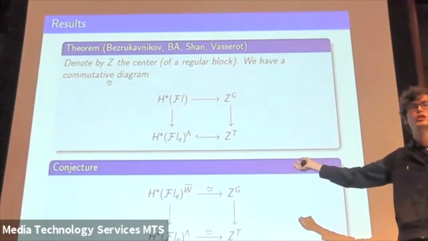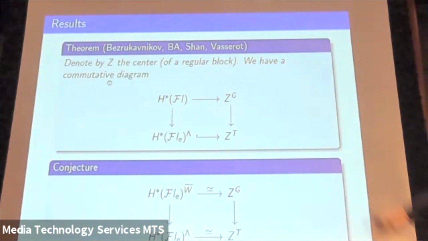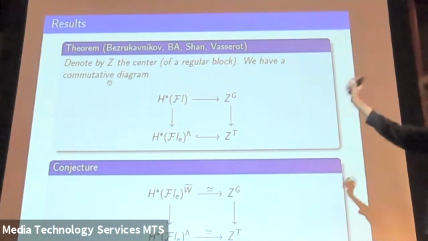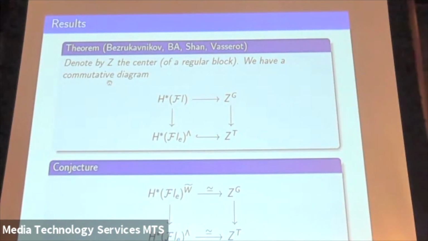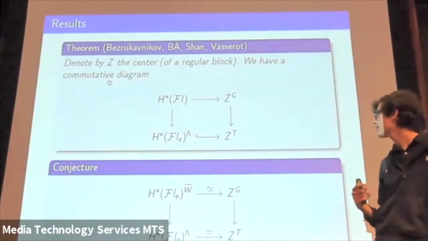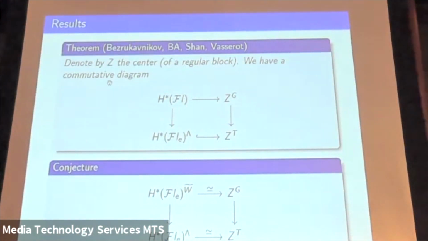So in the case of the general linear group, these are diagonal matrices. And so this diagram just says that if we have some cohomology class of the affine flag variety, we can construct some G-invariant central element. And if we have some translation invariant cohomology class of the Springer fiber, we can construct a T-invariant element of the center.